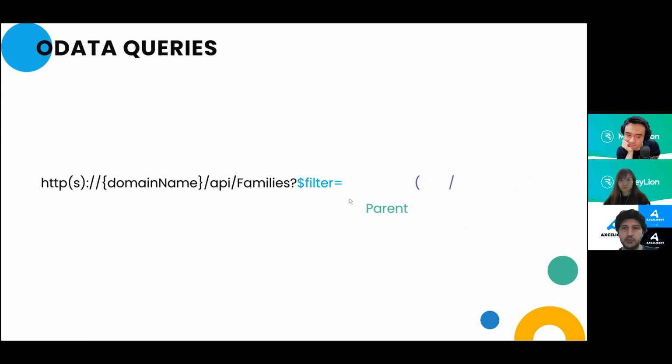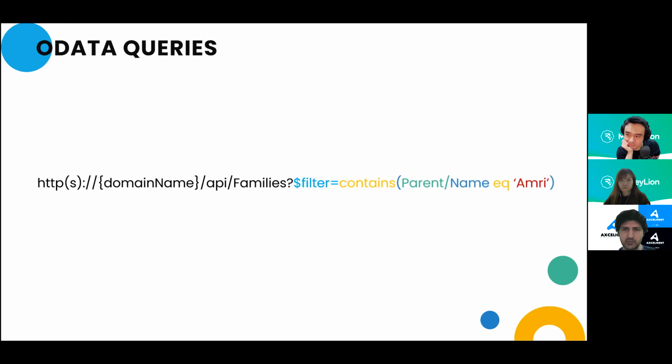Then, for example, if you want to do a search, you say $filter, and you say contains. When you say contains, it is like you're doing a substring search, like index of. You're saying it contains parent/name.